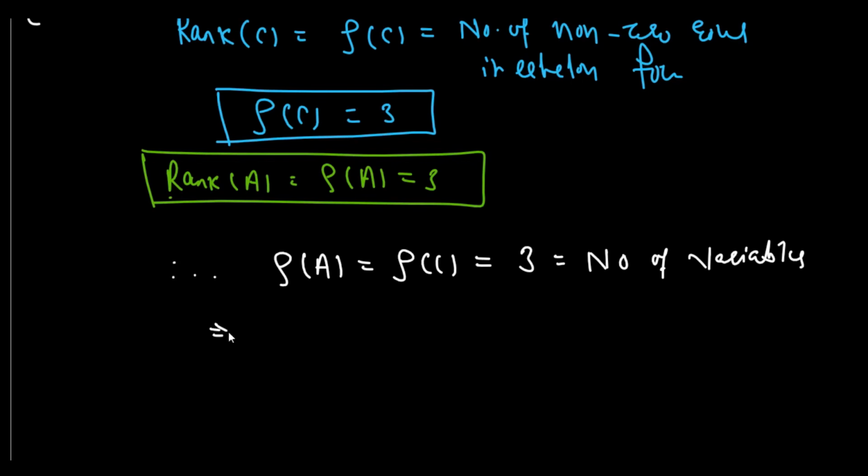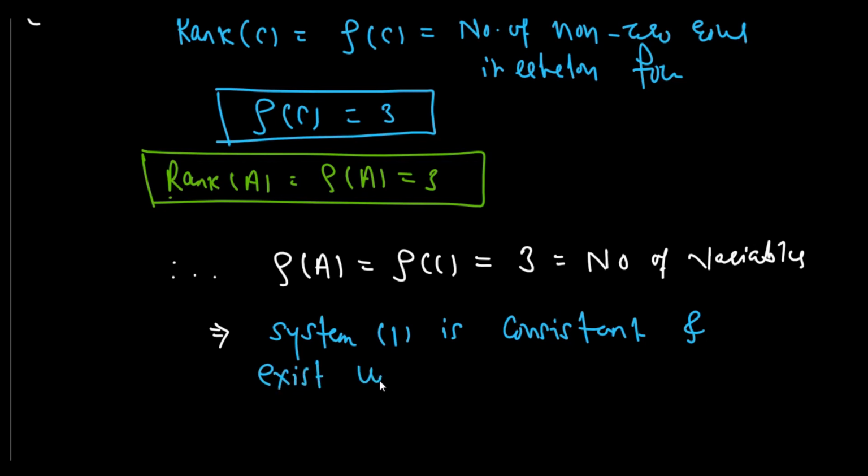From this, we can imply that system 1 is consistent, because if the rank of both matrices is equal, then the system is said to be consistent. And if it is equal to the number of unknown variables, then it possesses a unique solution. The system 1 is consistent and a unique solution exists.